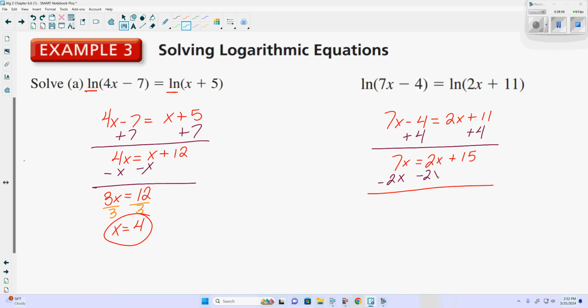Yes, and we would indeed subtract 2x from both sides, telling us 5x is equal to 15. Then we would divide by 5. That's it.